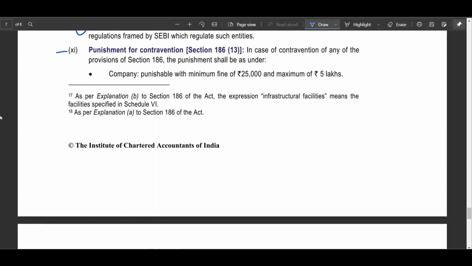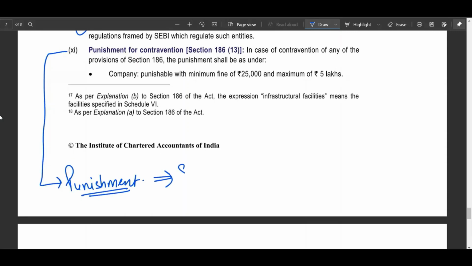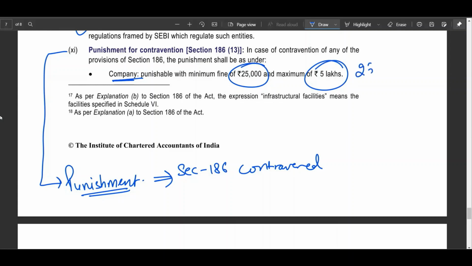Now let's talk about the punishment part. If 186 is contravened, then the company will be punishable with a fine of rupees 25,000, which can go up to 5 lakh. Then minimum 25,000 to rupees 5 lakh.